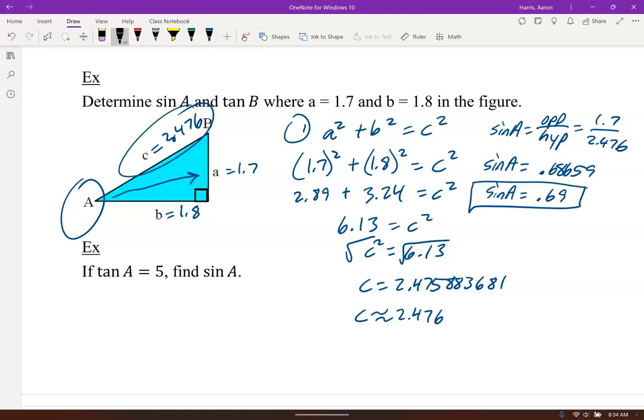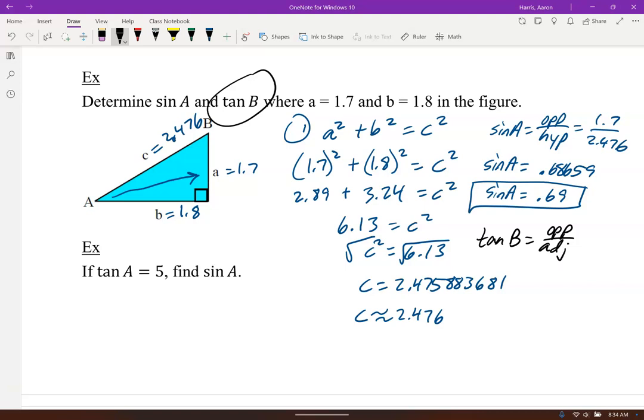They also ask us to do tangent of B. So tangent of B, SOHCAHTOA, TOA. Tangent is opposite over adjacent. So the opposite side of B. Now I'm looking at B. B is up here, in the upper right.